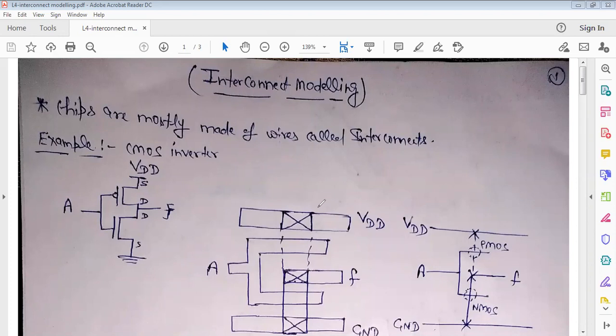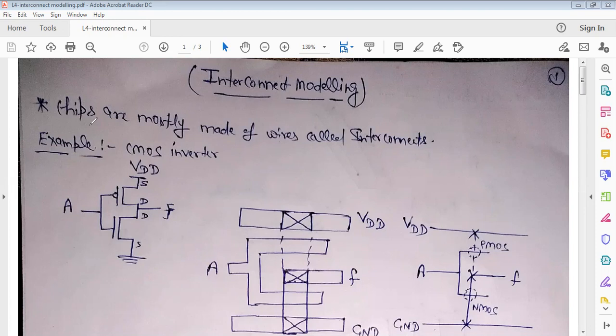In the series of lectures in the subject VLSI design, today we are starting with interconnects, and more specifically with interconnect modeling. Whatever chips we fabricate in VLSI design, most of the area of the chips is made up of wires.